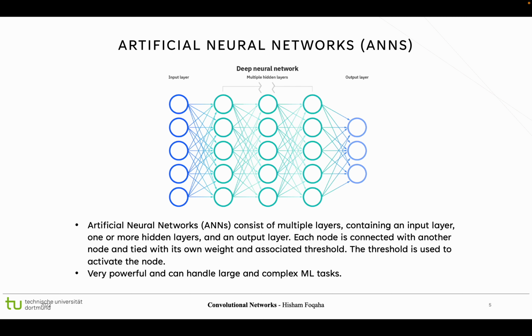We want to talk a little bit about artificial neural networks. Artificial neural networks, also known as ANNs, are a subset of machine learning. They are the heart of deep learning. They're very powerful and can handle large and complex machine learning tasks like classifying millions of images, recognizing speech, face recognition, or image processing, by feeding a large number of images as input and training this neural network on these images.